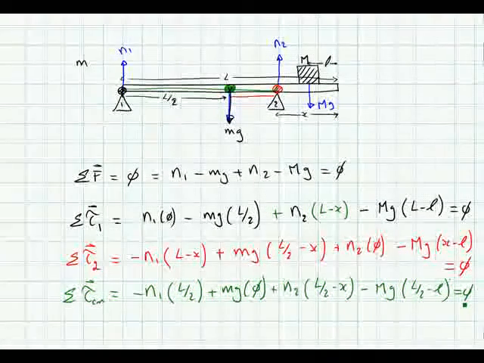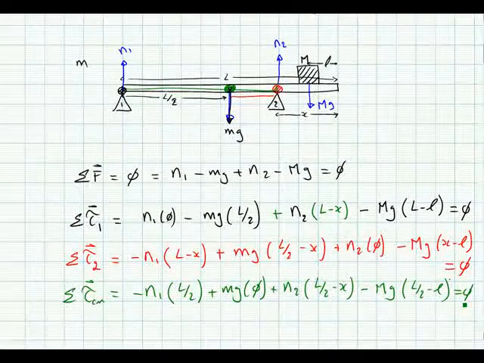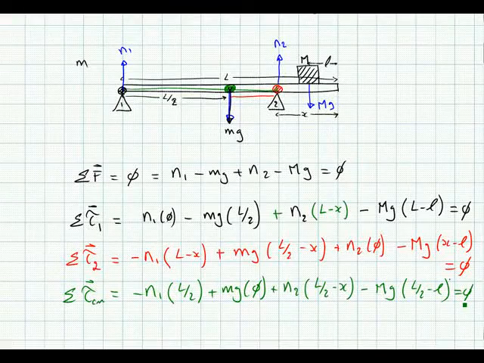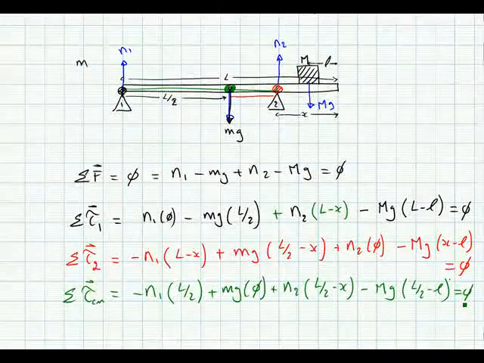That must equal 0. So now I have four simultaneous equations. The rest of the exercise is an algebraic one, so I'll leave that to you to go ahead and practice with.